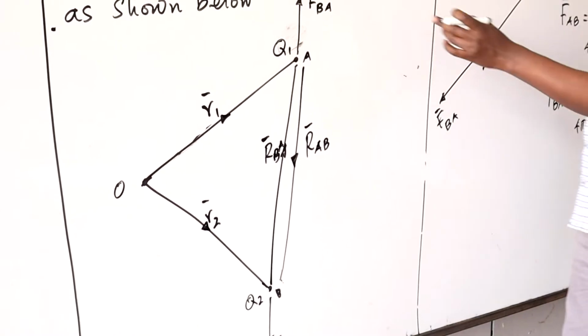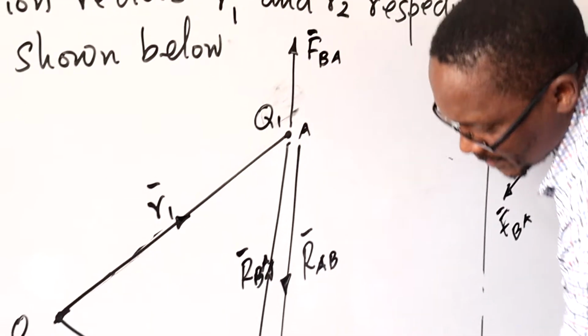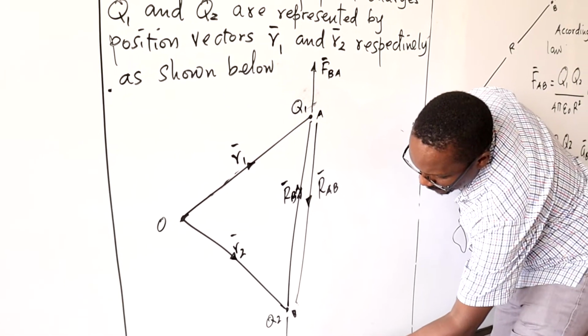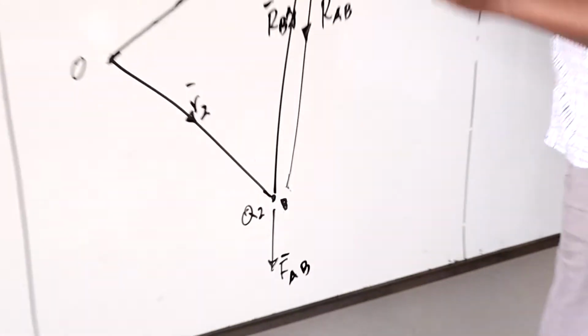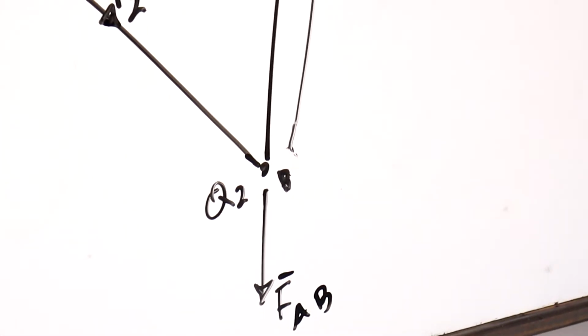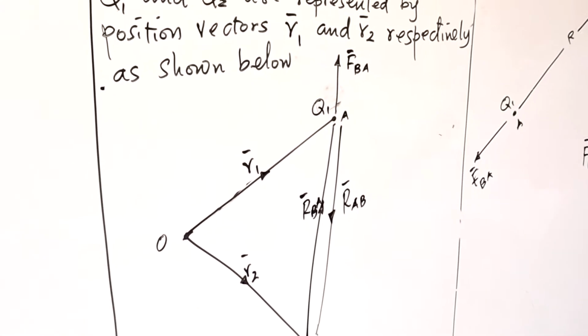So let us label these two forces. Let us see how we can represent them. This is AB and this is BA.